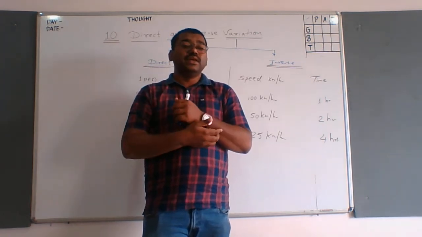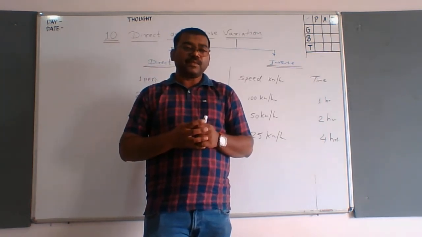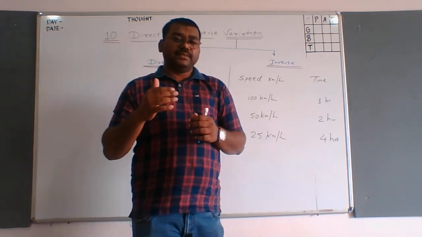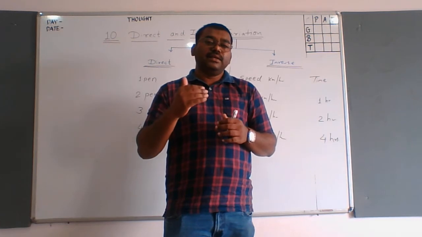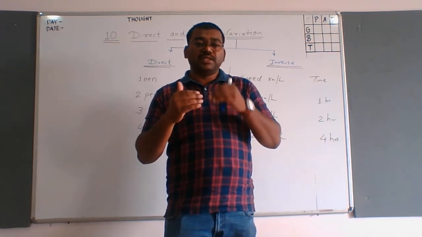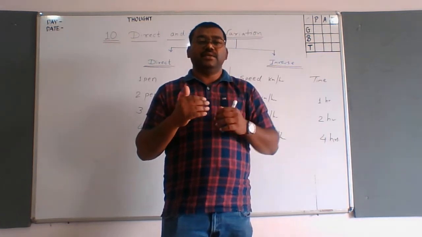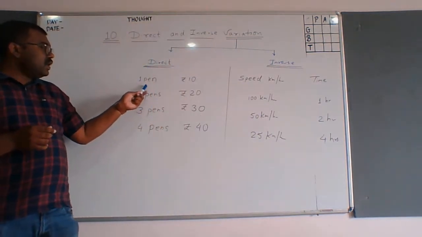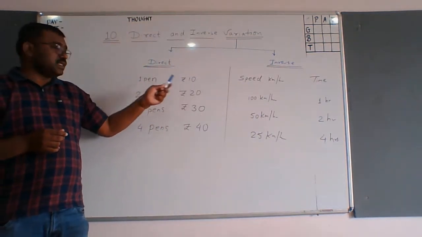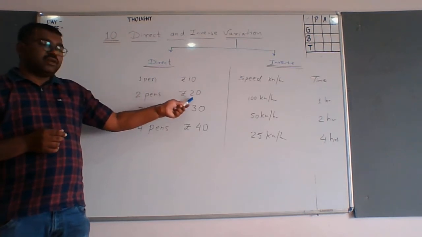For example, if we purchase some articles of the same cost, then the total price goes on increasing. If we purchase one pen, the cost is 10 rupees. If we purchase two pens, the cost is 20 rupees.